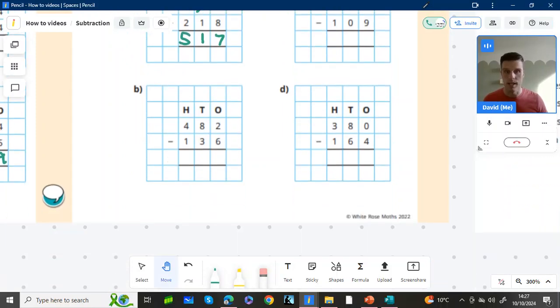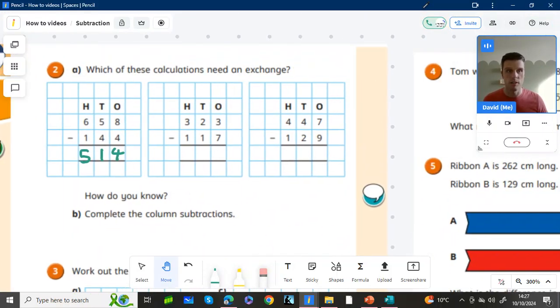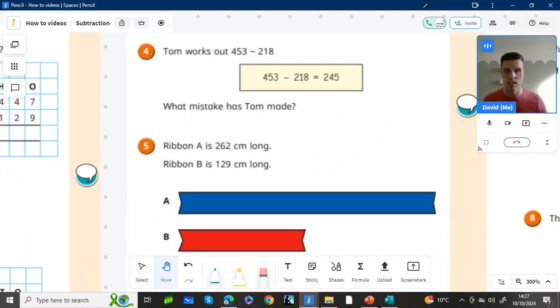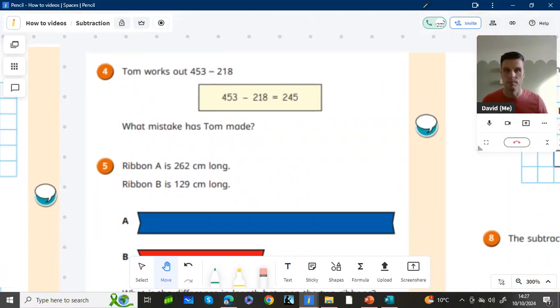Okay, moving on now to question 4, which is on this second sheet here. Right, so Tom works out 453 minus 218. Okay, what mistake has Tom made? Now, in order to work this out, we're going to rewrite this calculation as a column subtraction.